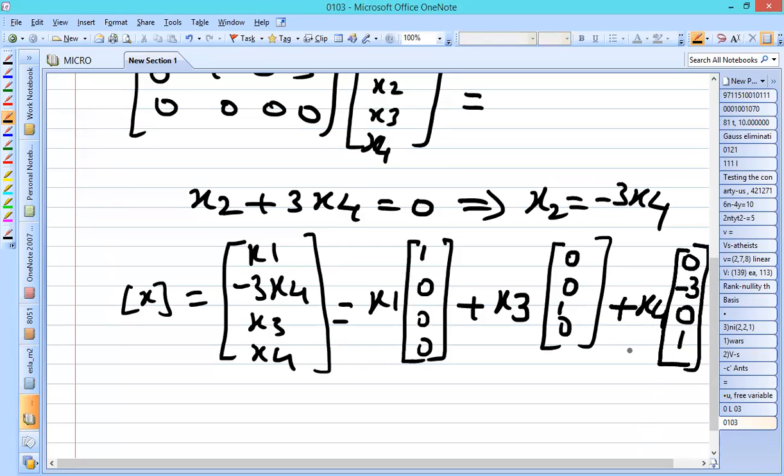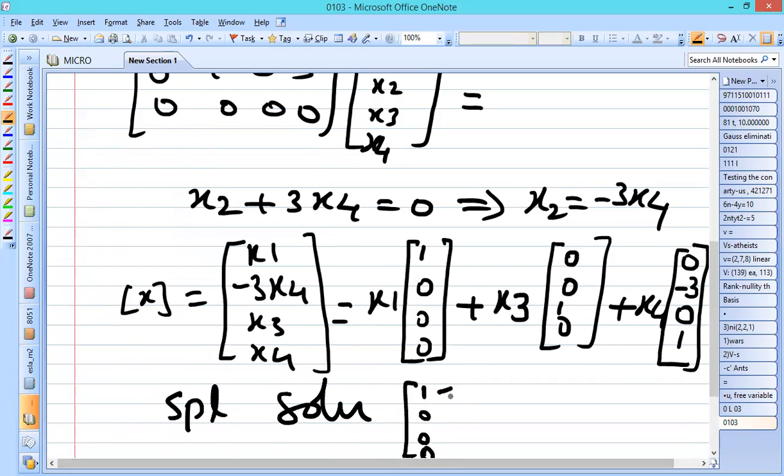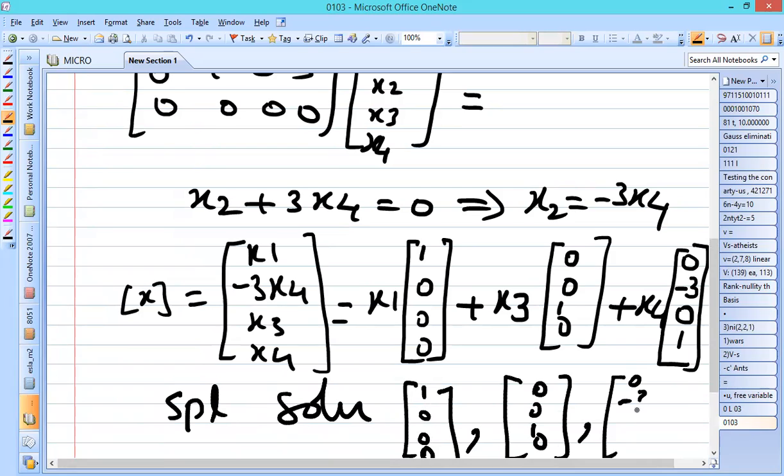Now this is in terms of the column spaces that we have written. Now we can write the special solutions for this problem as 1, 0, 0, 0; 0, 0, 1, 0; and 0, minus 3, 0, 1.